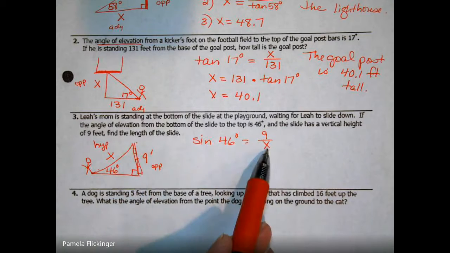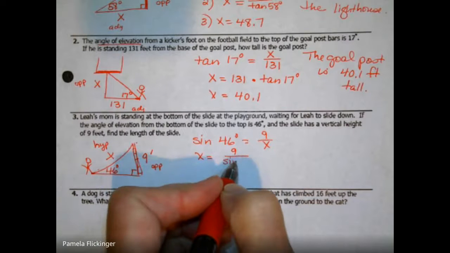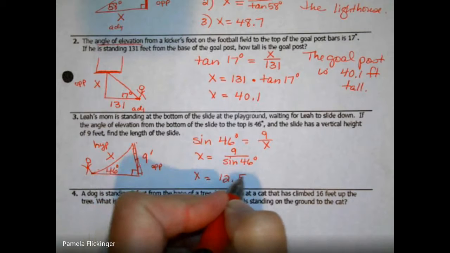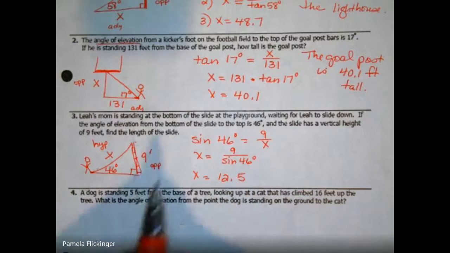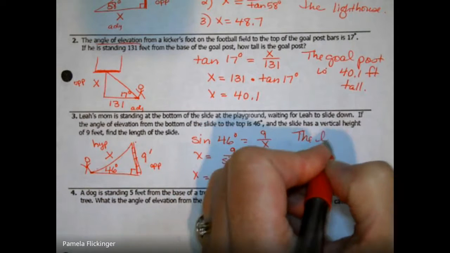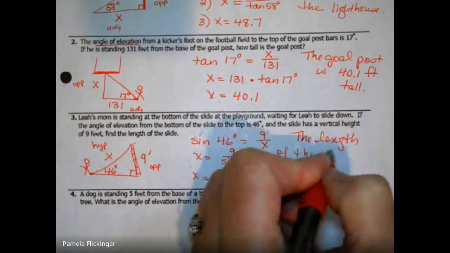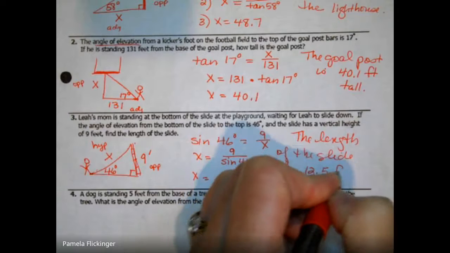Again, x is in the denominator, so what I'm ultimately going to end up doing is 9 divided by the sine of 46 degrees. And that gives us 12.5. So, a quick sentence: the length of the slide is 12.5 feet.